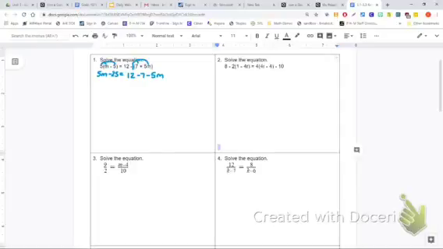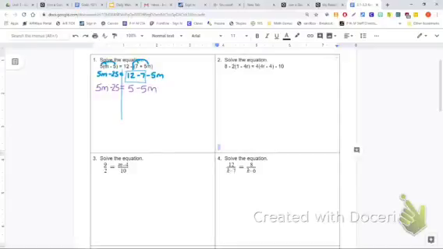So with this, there's nothing to do on the left-hand side, but on the right-hand side, we can put this 12 and that minus 7 together. So I'm going to go ahead and call that 5m minus 25 equals 5 minus 5m.